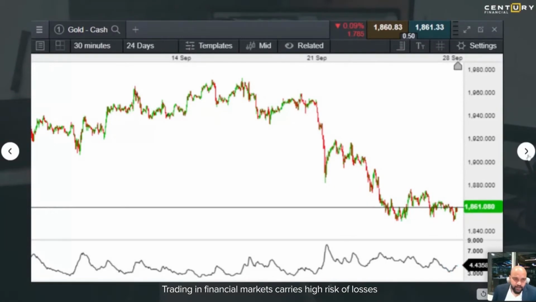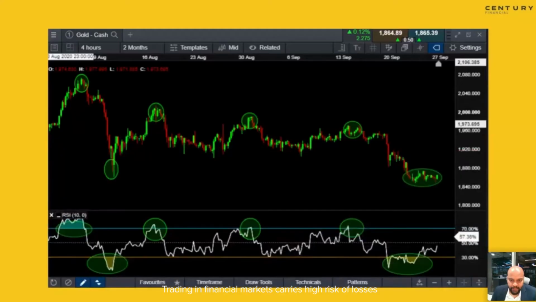Now, why is ATR important? Now that you know how many dollars gold can move in the next 30 minutes, and if you're using your RSI to take a buy, let's take this as an example. RSI was at oversold, and you're looking at a 4-hour chart, and you're trying to take a buy for, let's say, a very short-term time frame.